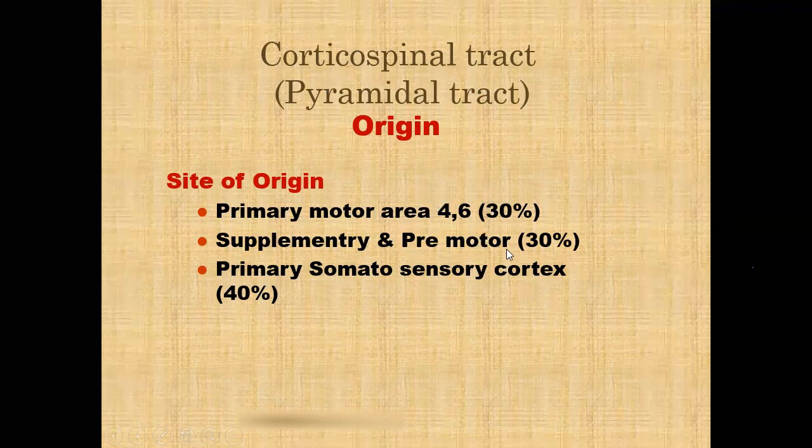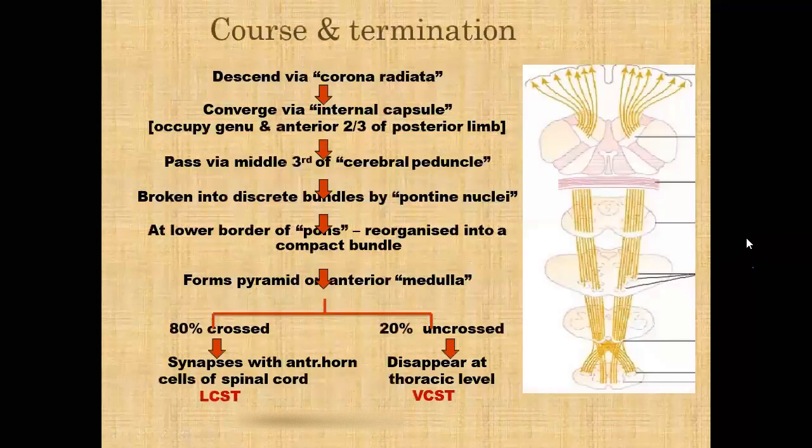We saw supplementary and premotor areas again 30%, and primary somatosensory cortex 40%. Now, how do they move downwards? This is a very clean and clear diagram. So here you can see clearly this is the motor cortex.